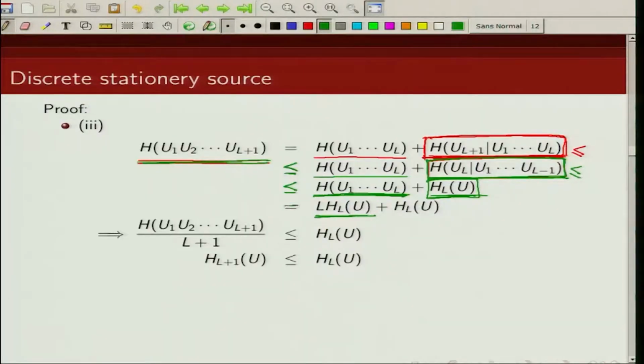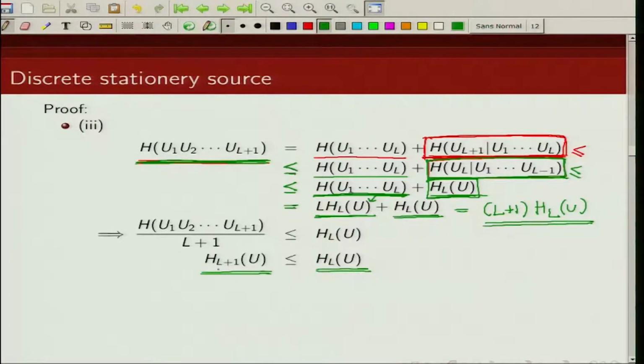So this is equal to this plus uncertainty per letter, which is equal to L plus 1 HL of U. So what we have shown so far is this joint entropy is less than or equal to L plus 1 HL of U. Now you divide both sides by L plus 1, and we get H of L plus 1 U is less than or equal to this quantity.